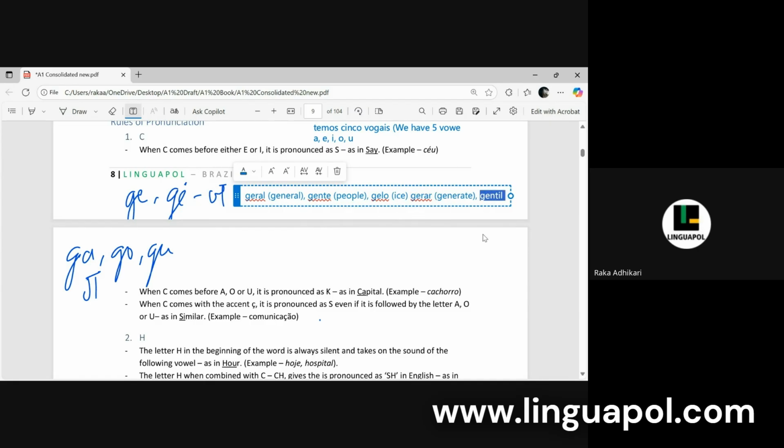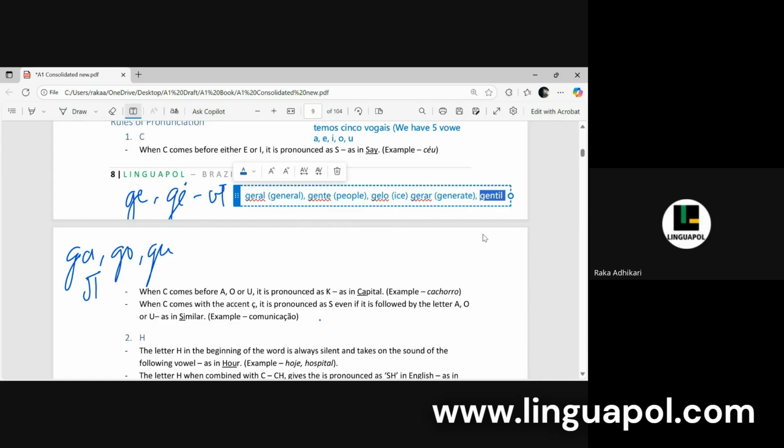So the next word will be pronounced very differently in European and Brazilian. In European, we'll call it gentil. In Brazilian, it is gentil or gentiu. Both the sounds are correct, okay? So once again, in European, we will call this gentil, just like it is written. Whereas in Brazilian, there come two exceptions.